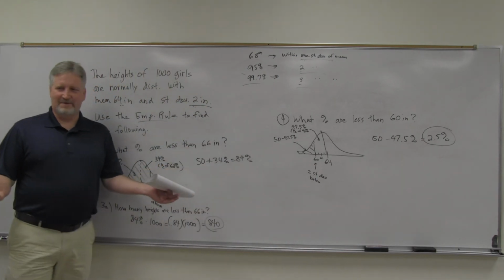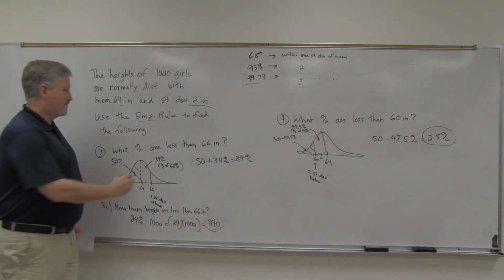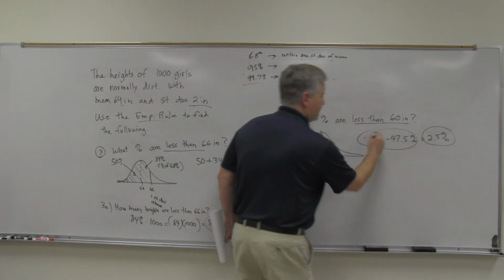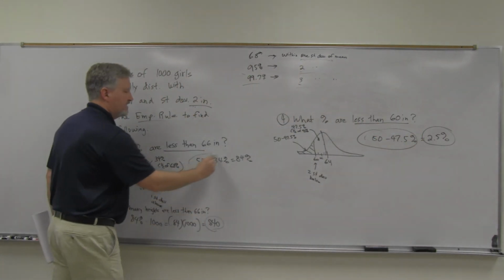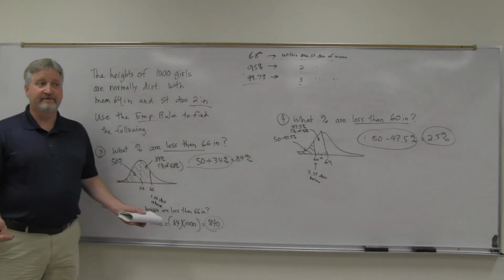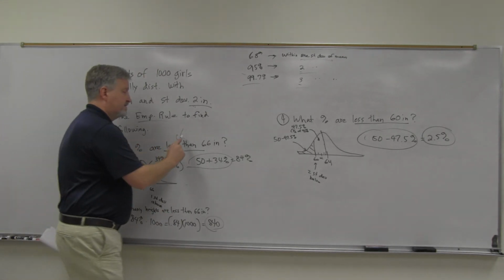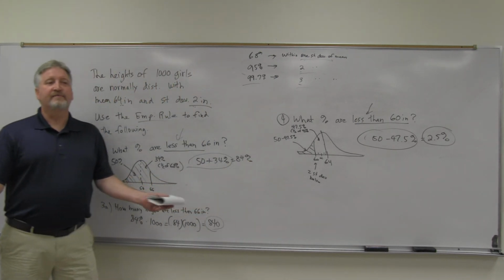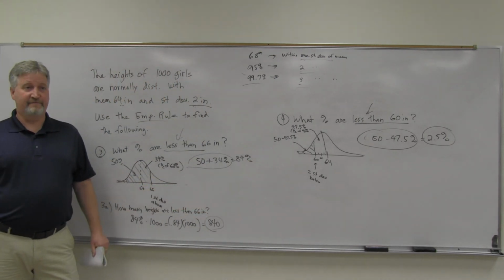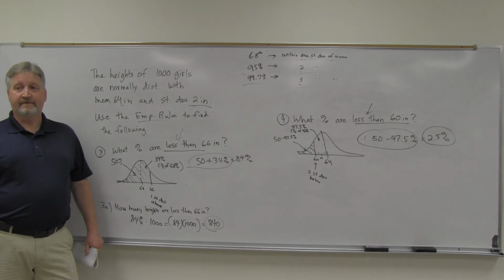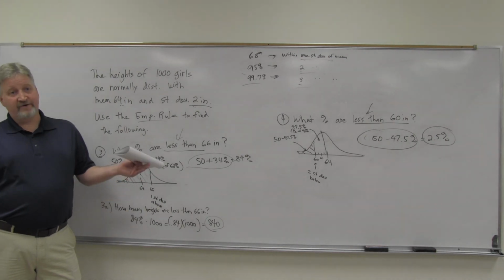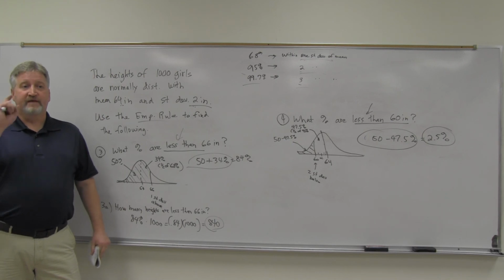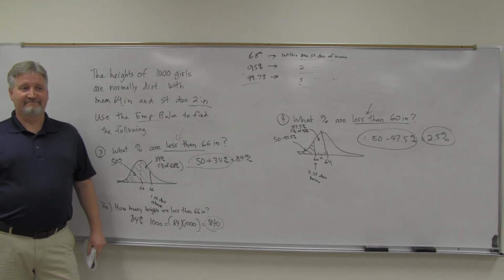So the moral of this story is, if you've got a less than, you're either going to subtract from 50 or you're going to add to 50. See what I'm saying? You can't just say, well, I've got to add 50 to it, because sometimes you may be subtracting from 50. Guess what happens for more than? Same thing.